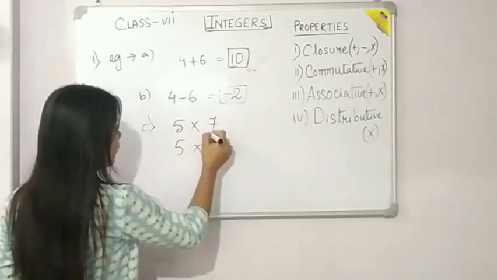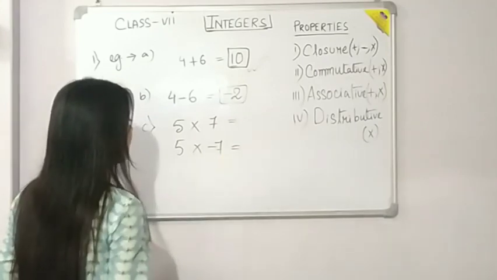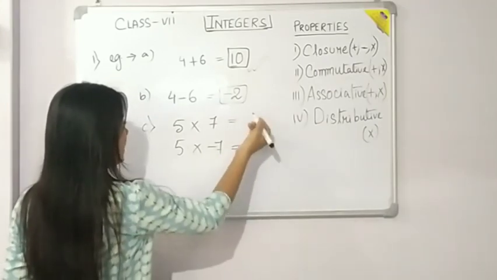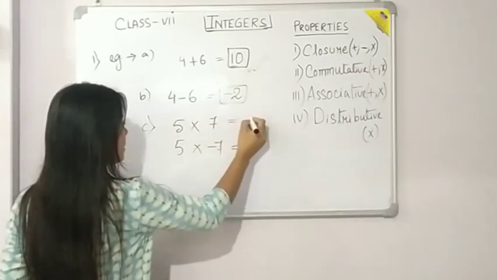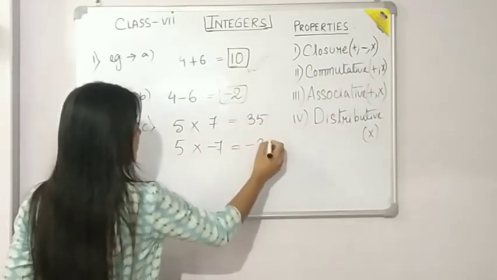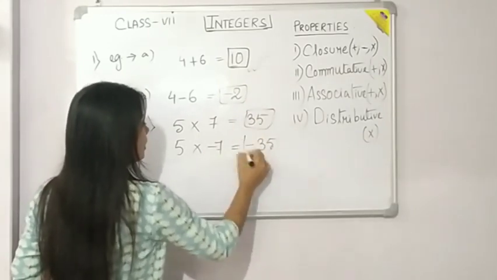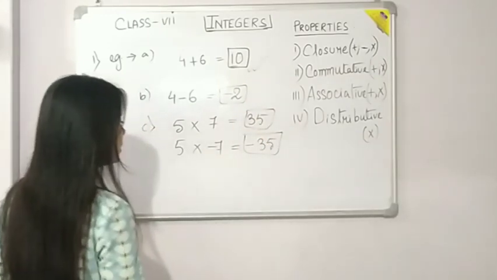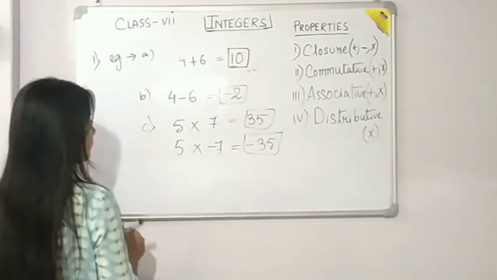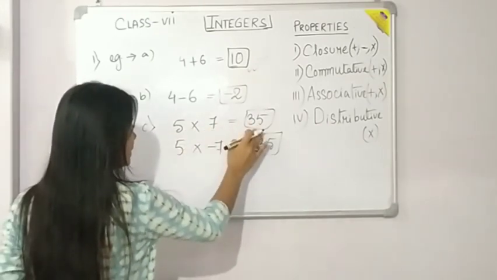You can take positive integers, negative integers, any integers, and the answer will always come in integers. 5 seven times is 35, and 5 minus 7 times is minus 35. So whatever answer multiplication gives is an integer. So the multiplication of any two integers will also be an integer.